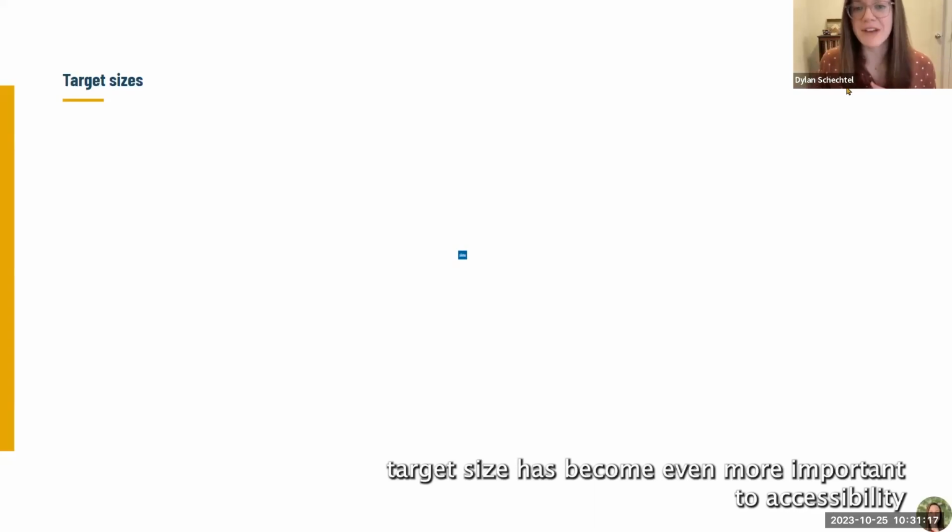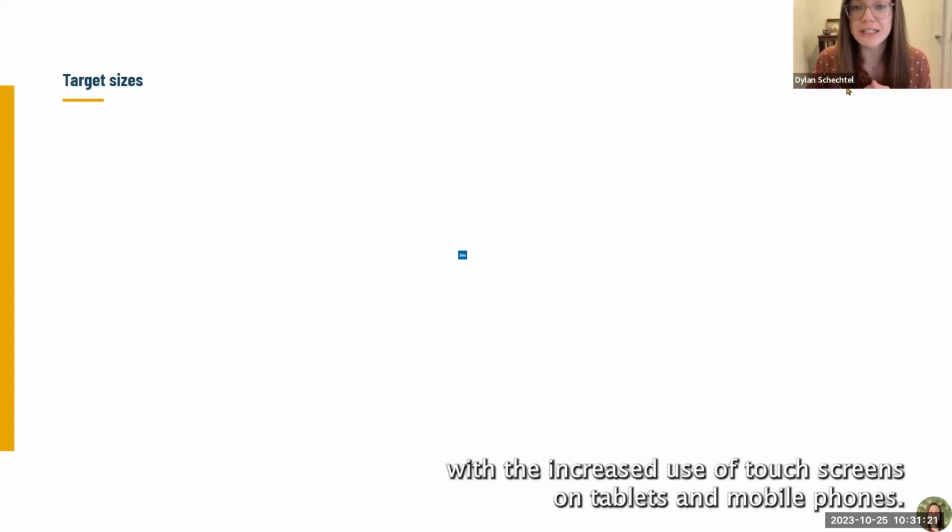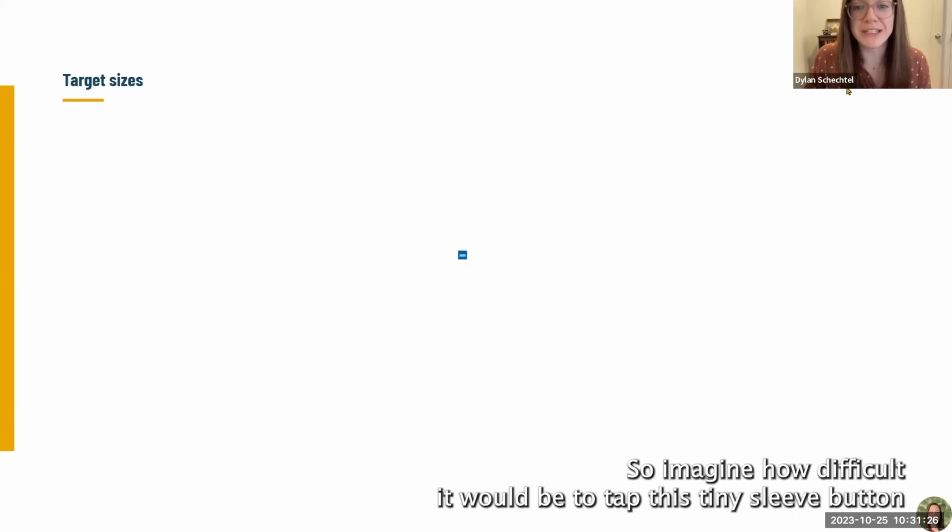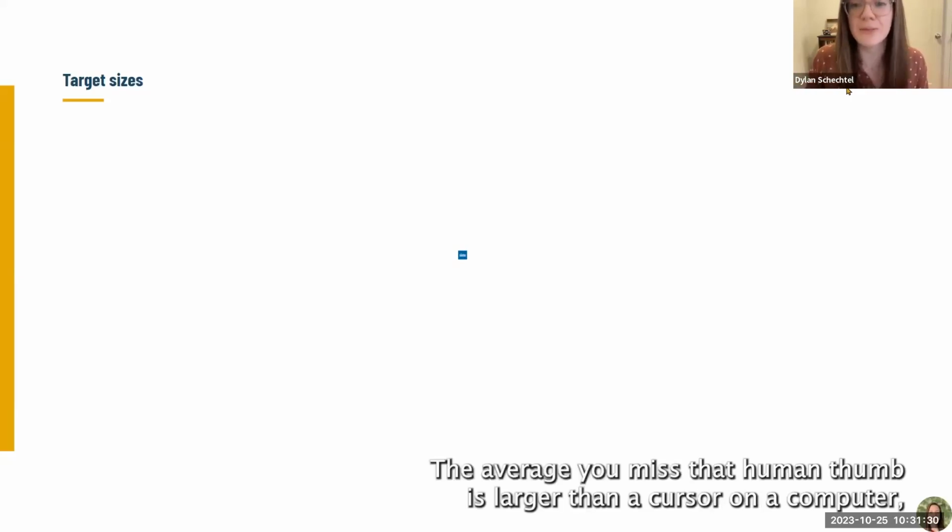Target size has become even more important to accessibility with the increased use of touchscreens on tablets and mobile phones. So imagine how difficult it would be to tap this tiny Slate button with your thumb. The average human thumb is larger than a cursor on a computer.